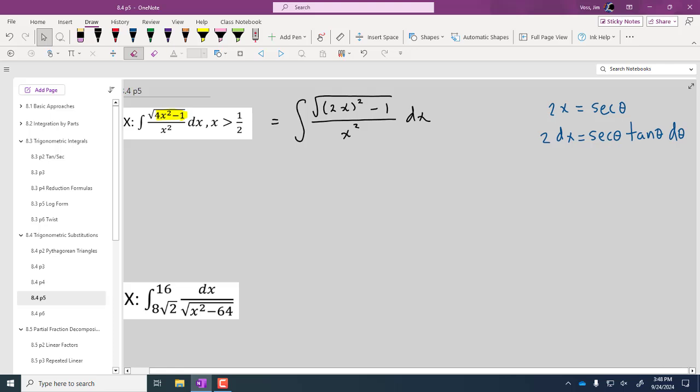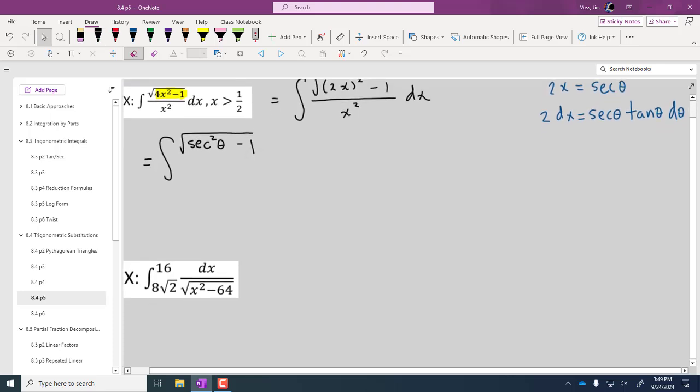All right, now we come back over here and start substituting. So 2x is secant, so in the numerator we have square root of secant squared of theta minus 1. Then we have the dx.